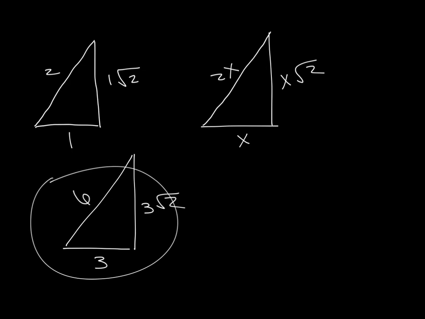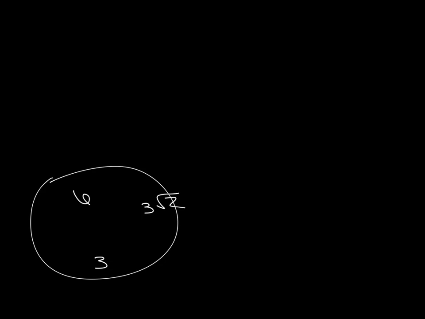Alright, so let's look at 45s. 45s has a very similar method of finding. So we got a 45-degree angle, and this is 45, and this is 45, and this is 90. There we go, 45, 45, 90. Alright, when we know that, whatever length this is, the other side is going to be the same, and the hypotenuse then will be the length of that side times the square root of 2.